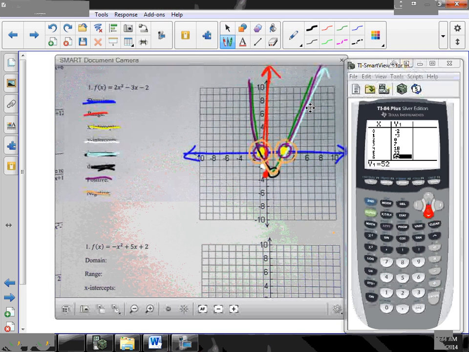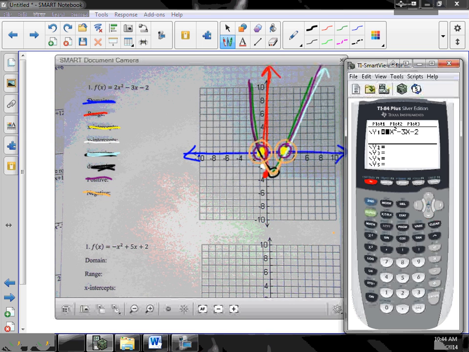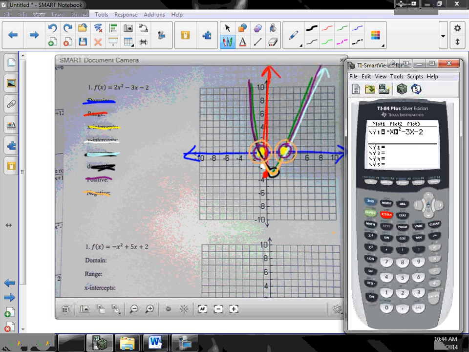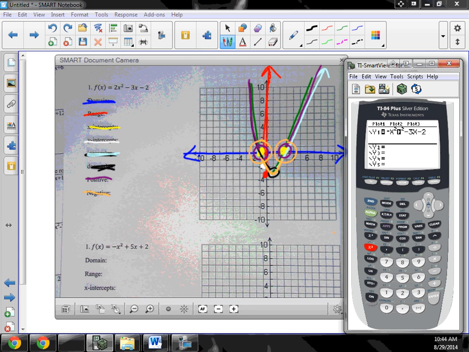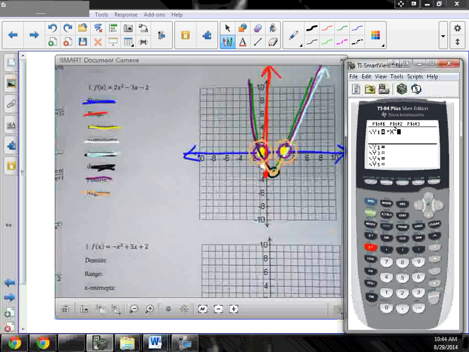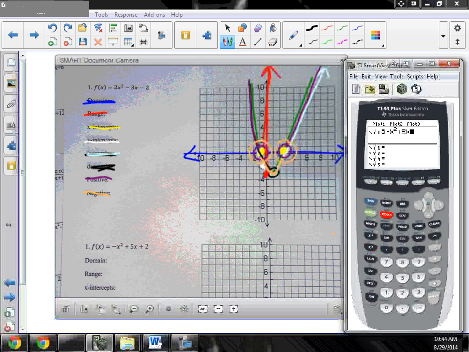So I'm going to type in the second equation, negative x squared plus 5x plus 2.